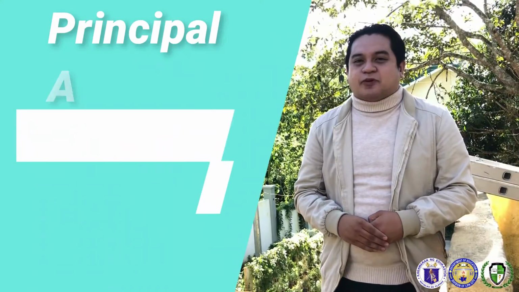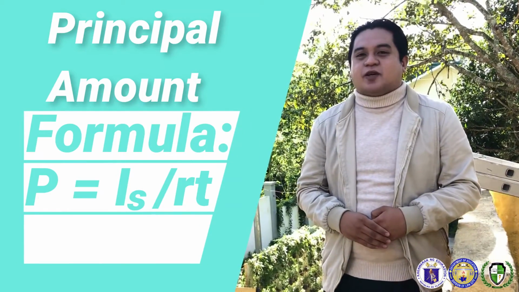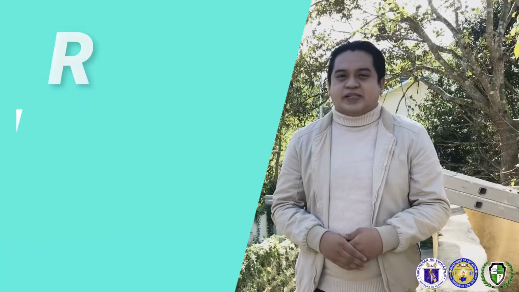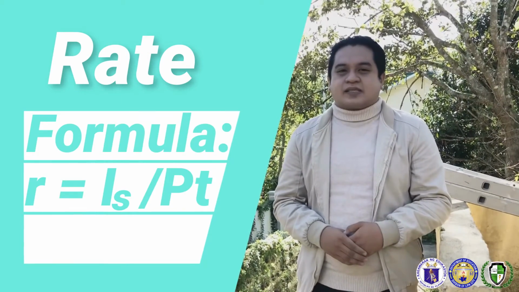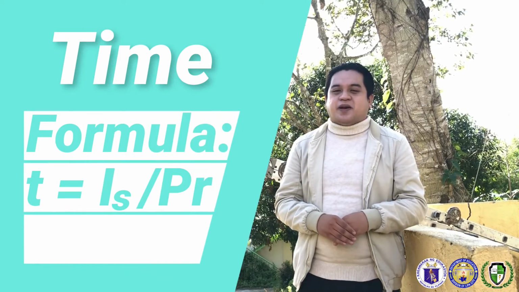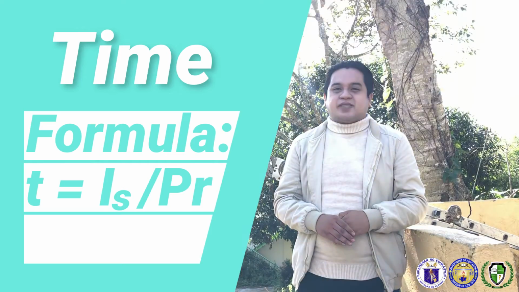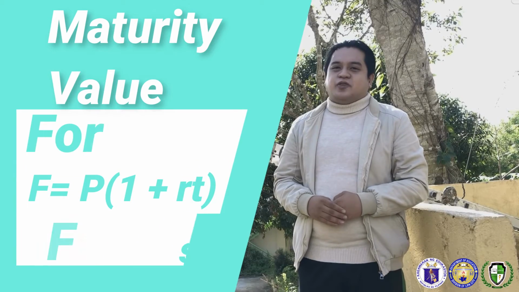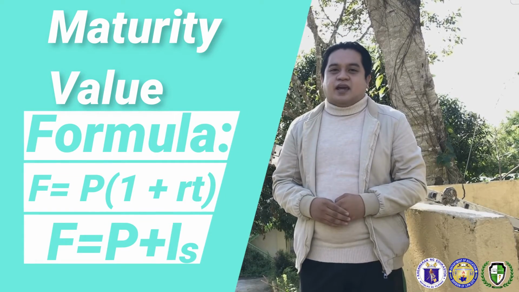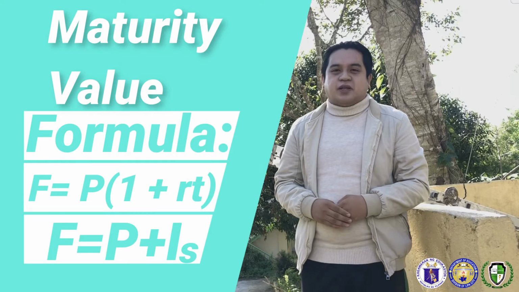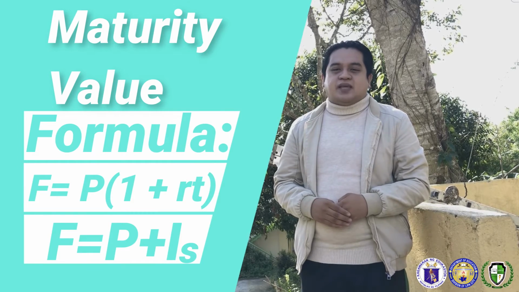If the unknown value is the principal amount, then P is equal to I sub s divided by R times T. If the unknown value is the rate, then R is equal to I sub s divided by P times T. If the unknown value is time, then T is equal to I sub s divided by P times R. And if the unknown value is the maturity or future value, you may use either of the two formulas: F is equal to P times the quantity (1 plus R times T), or F is equal to I sub s plus P.